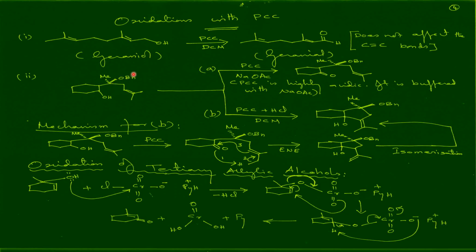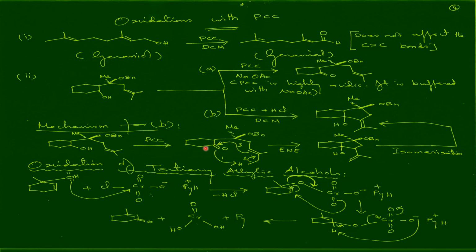The same secondary alcohol with pyridinium chlorochromate and hydrochloric acid in dichloromethane gives a different product. How are we going to account for the formation of this product? Let us see the mechanism. This alcohol molecule reacts with the pyridinium chlorochromate, undergoes oxidation to form a ketone.